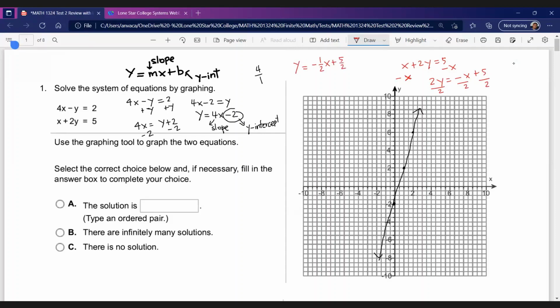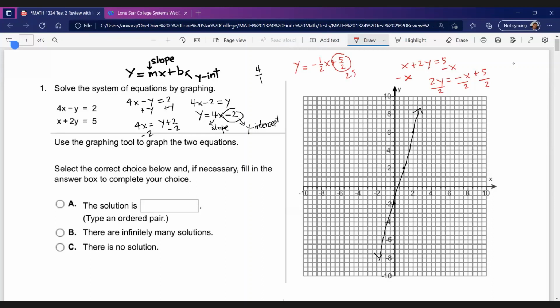Well, this couldn't be any worse than that, because I cannot really plot 2.5 as my y-intercept. Oh, I guess I could, but I don't know if I really want to do it like that. So let's see, maybe we can find a different way to do this.